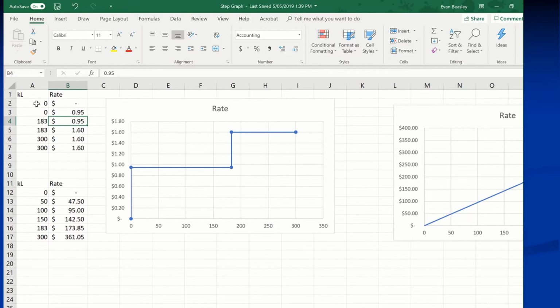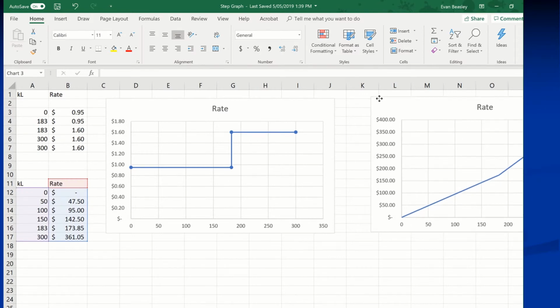And so if you used 0, you got charged 0. But you probably could even delete that bit there because we don't need that. That looks a whole lot better. You can see at 0 you got charged 95 cents per kilolitre, but if you use 0 you got charged nothing, up to 183. So we've got our first step, and then from 183 and any more you would just get charged $1.60 per kilolitre, and that's the second step here.